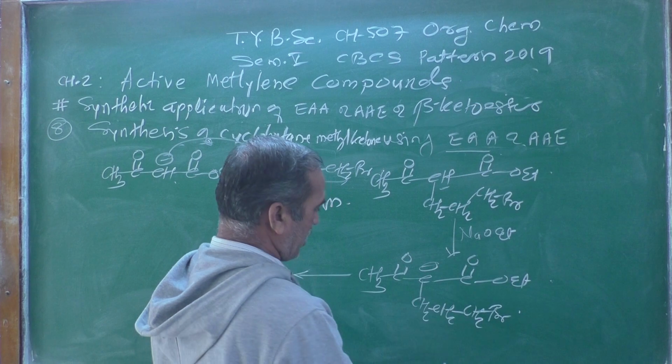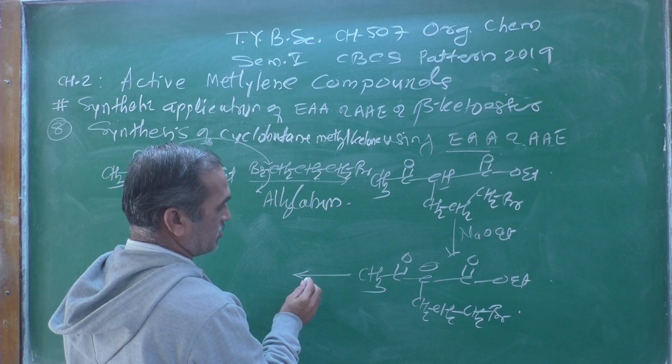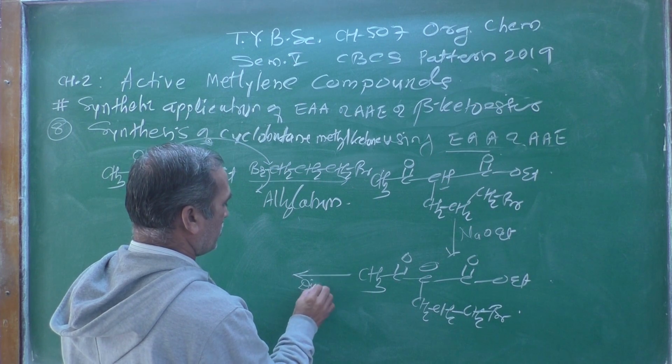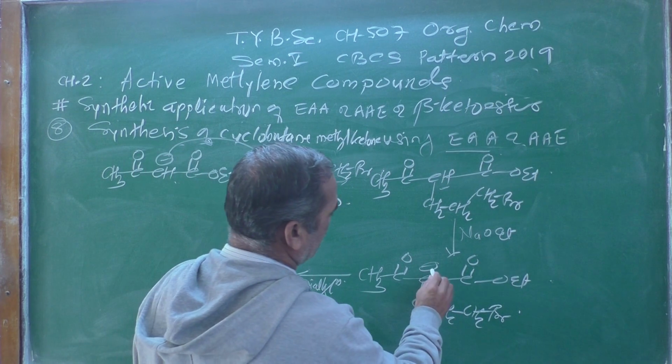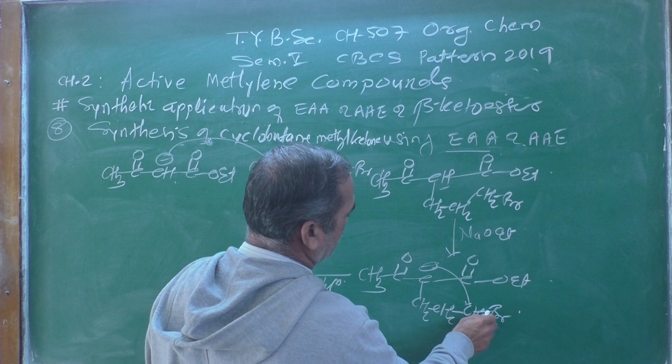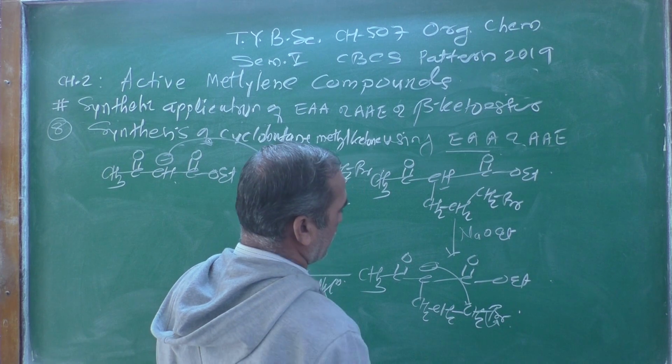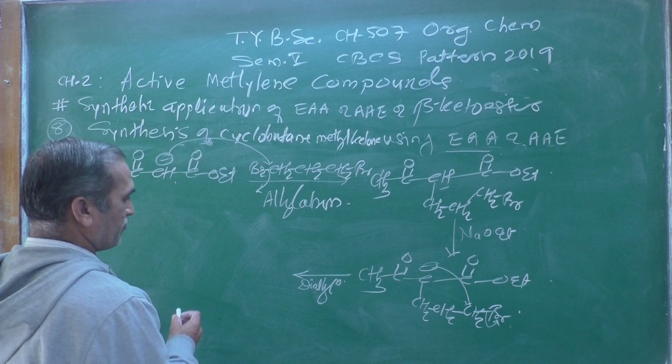Once this carbanion is formed, the second process is known as the second alkylation. This carbanion is going to attack the CH2, and there is a departure of Br.